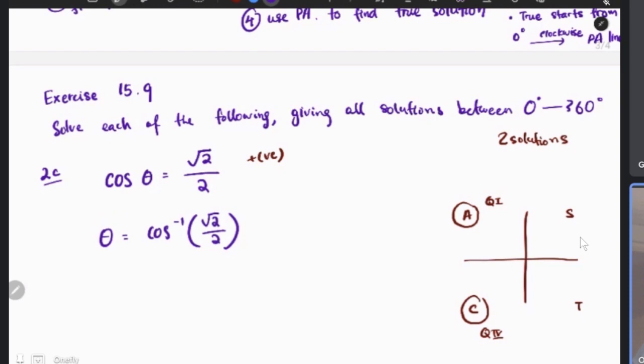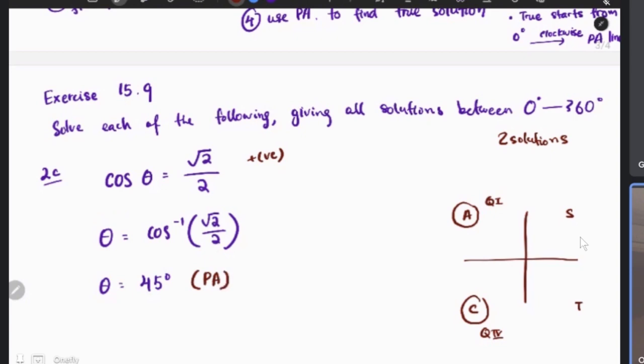Punch the calculator, arc cos square root 2 over 2. You are going to find theta equals 45 degrees. Again, this is principal angle, PA. I'm very lazy to write.